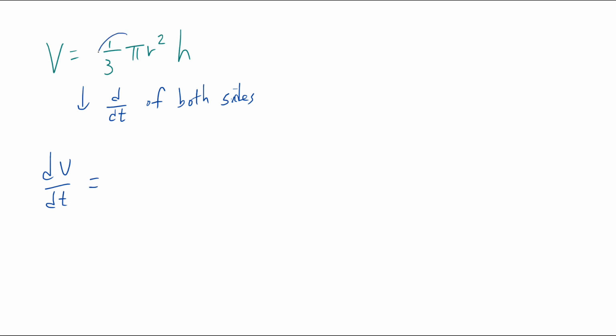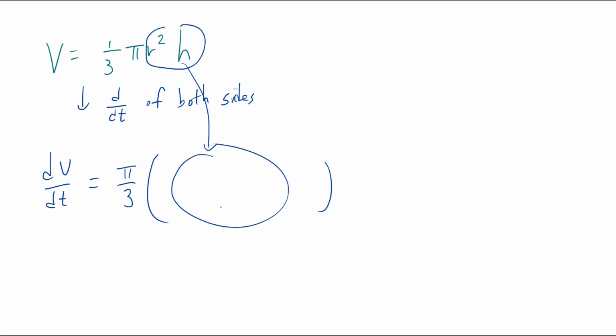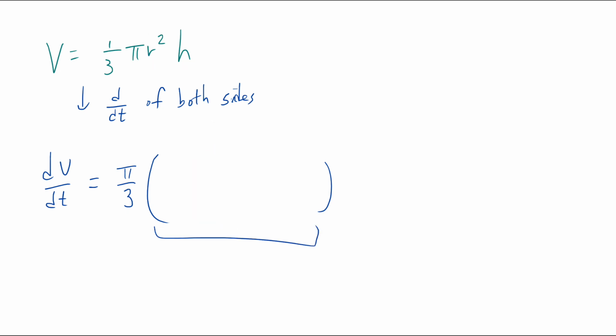I guess one way is to realize this pi over 3 is a constant. So now we can differentiate this and put it right next to pi over 3. Now here, a common mistake is not putting the parentheses here. If you want to differentiate r squared times h and you want to put the derivative here, that entire derivative is one thing, so you really need the parentheses. So, what's the derivative of r squared times h?